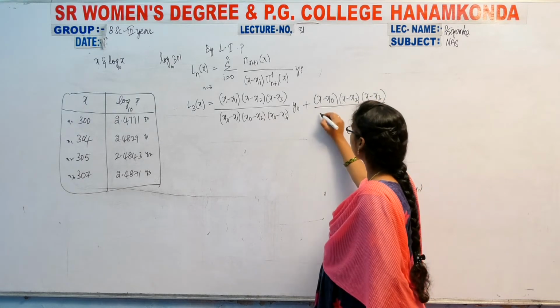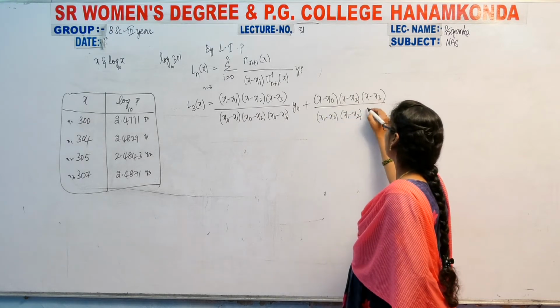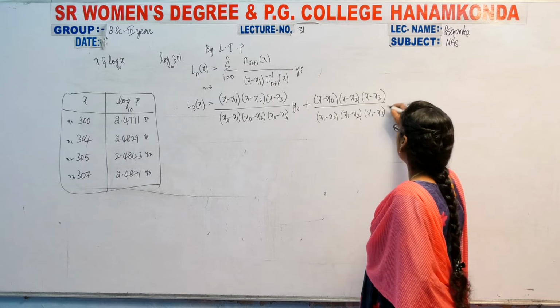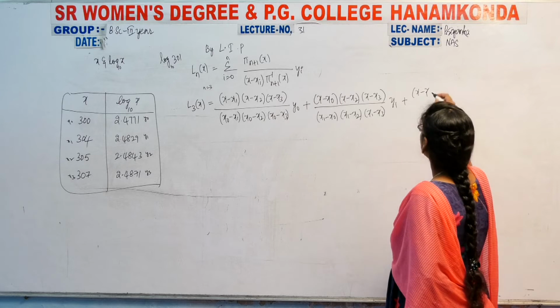Then x3 by x1 minus x0. Now it is y1 plus, now we have to ignore x2.